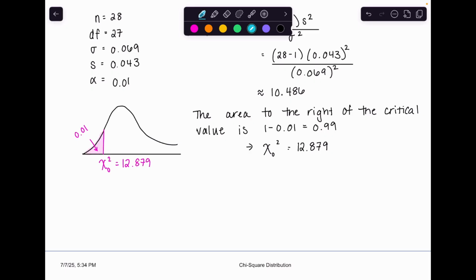Our test statistic is 10.48, which definitely falls in here. So since the test statistic falls in the rejection region, that means we are going to reject the null hypothesis.